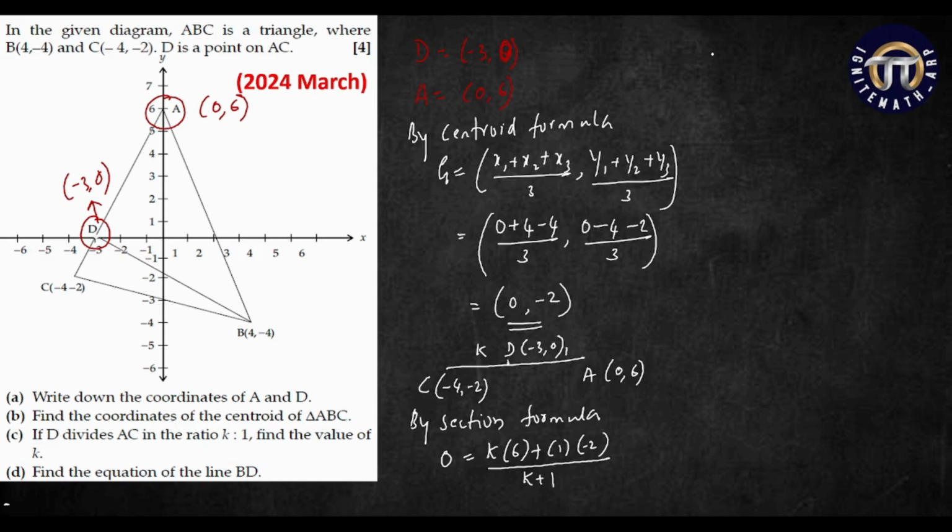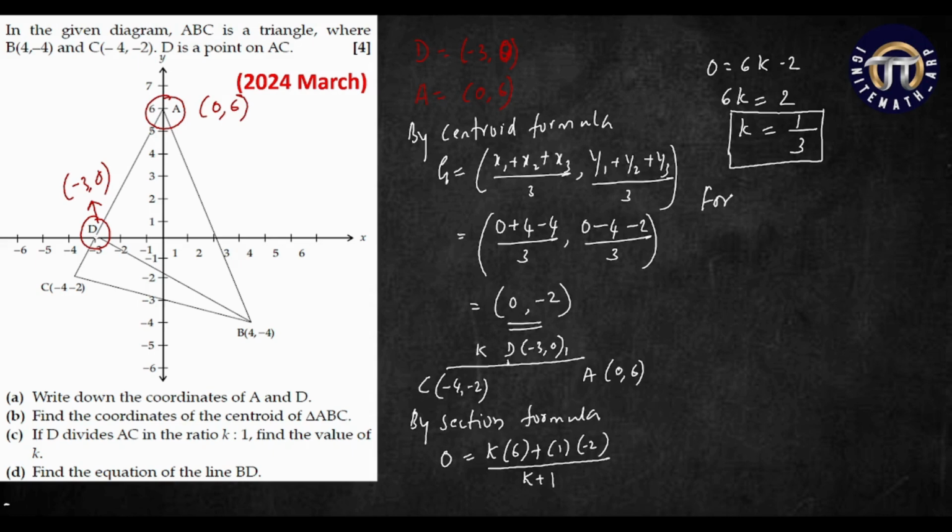So I can write 0 is equal to 6k minus 2. So 6k is equal to 2 and k is equal to 1 by 3. You are just asked to find the value of k, not necessarily the ratio. The ratio would be 1 is to 3. Now later, find the equation of BD.